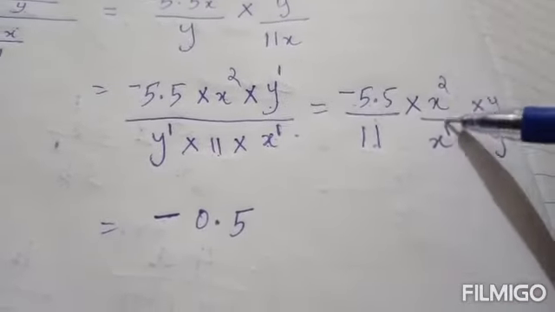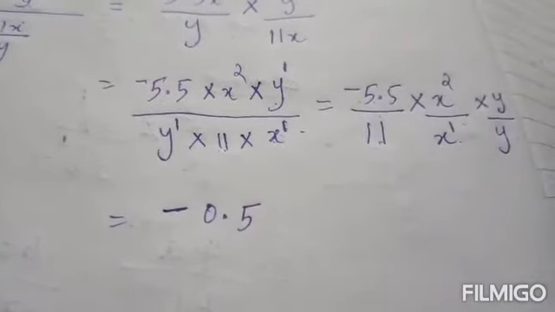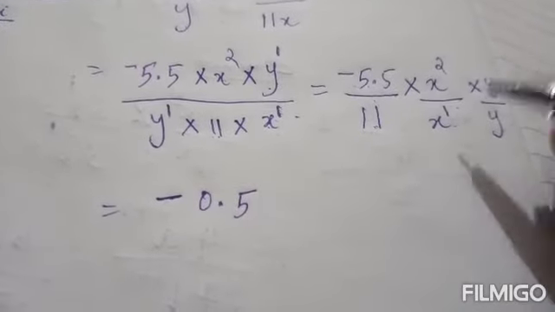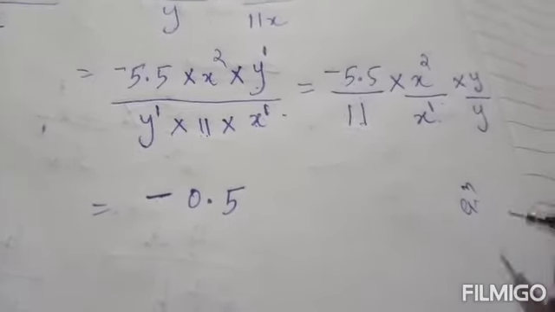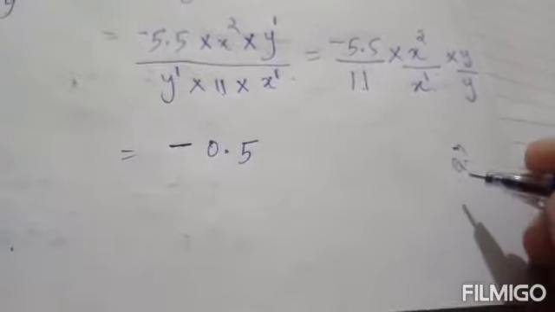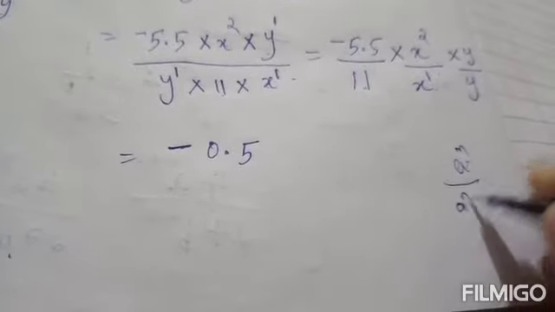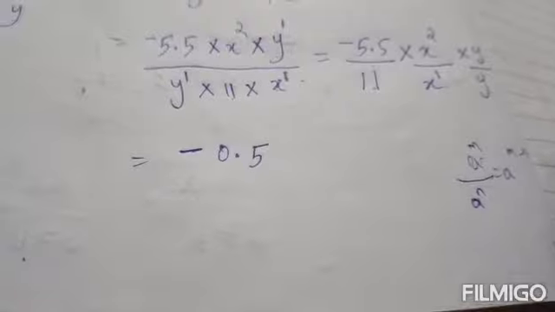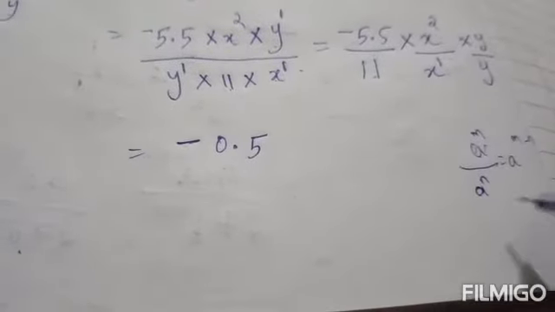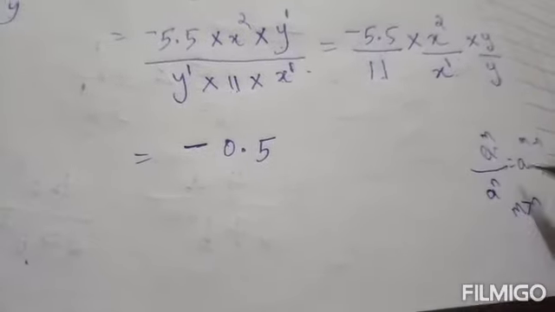Now x square divided by x raised to 1. So there you can apply the quotient law. A raised to m divided by a raised to n equal to a raised to m minus n. So if m is greater than n, you need to use this.